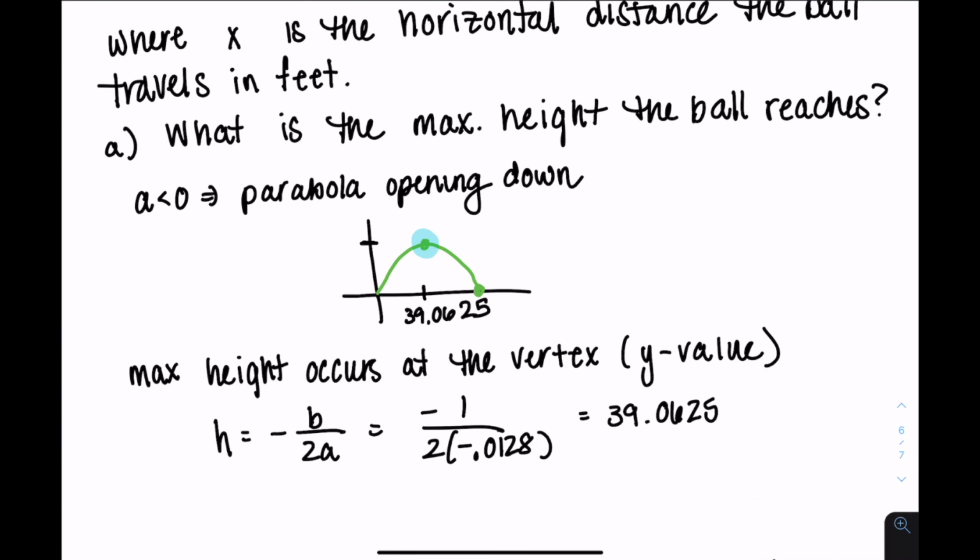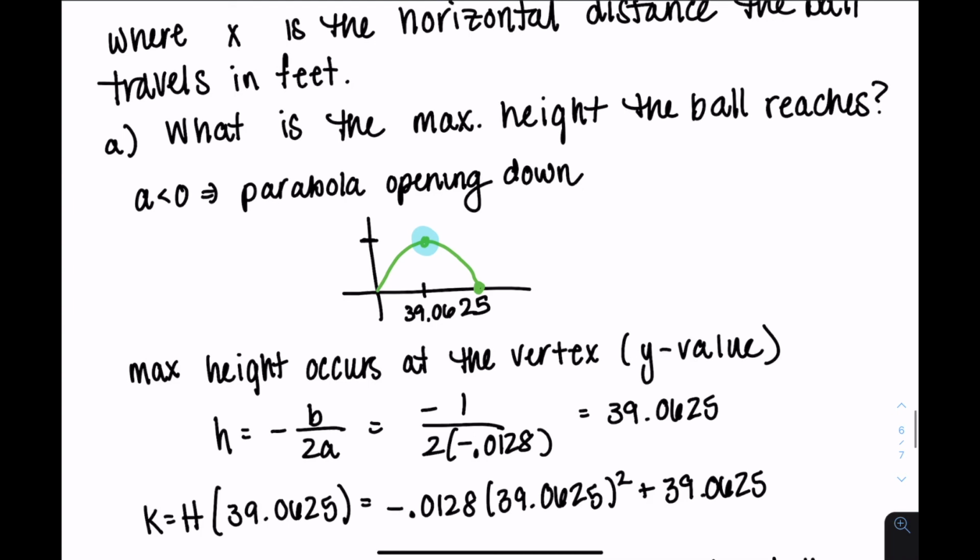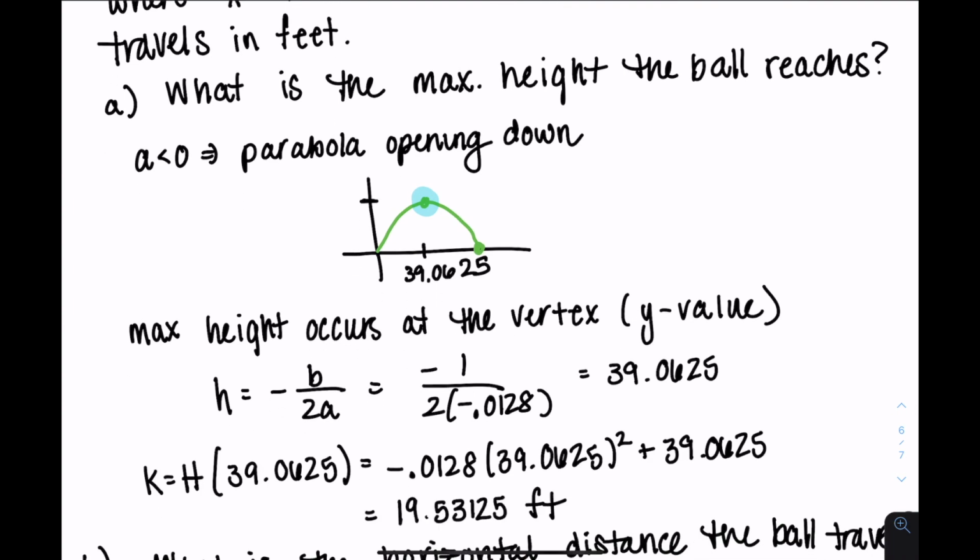So all we need to do is plug that value back in. So you get -0.0128 times x squared plus x itself. If you go through this, you're going to find the y-coordinate of the vertex is 19.53125. So the max height the ball is going to reach is 19.53125 feet.